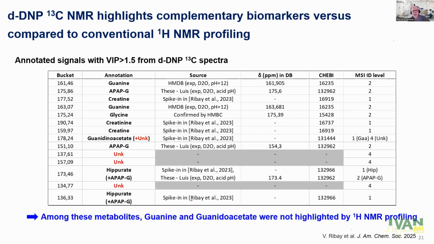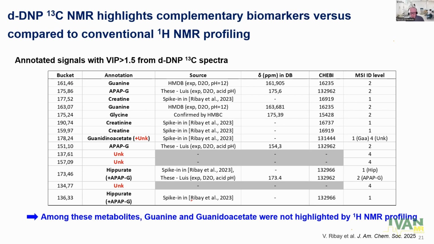And we went further than that, and we tried to annotate the hyperpolarized C13 NMR spectrum and to identify the signals responsible for this discrimination. To make a long story short, we were very happy because there was a good complementarity between hyperpolarized C13 NMR and conventional proton NMR.